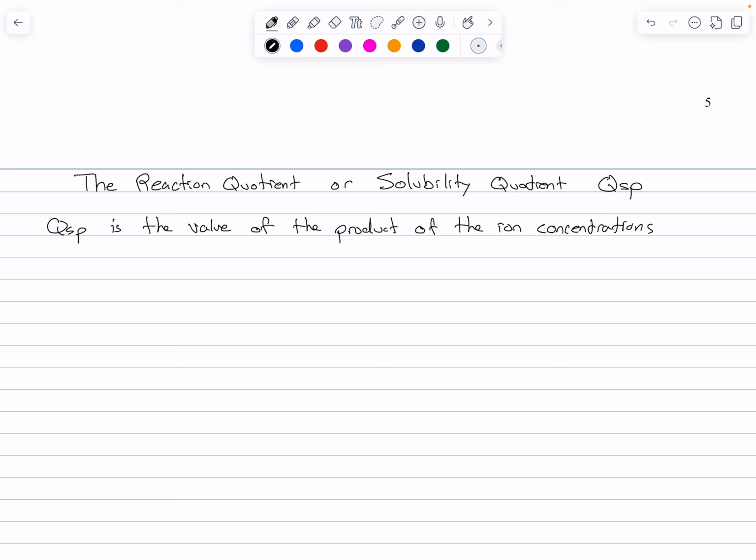All right, so now we have ifs and then we have then. So if QSP, there's going to be 3 of them. Now we're comparing them to KSP.